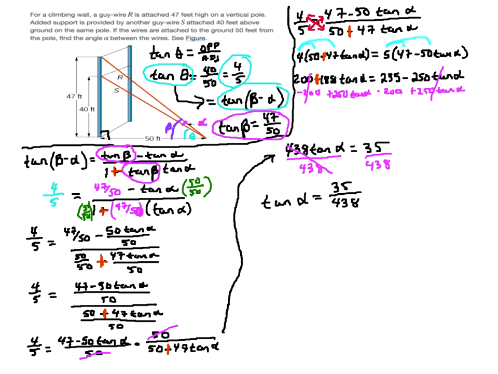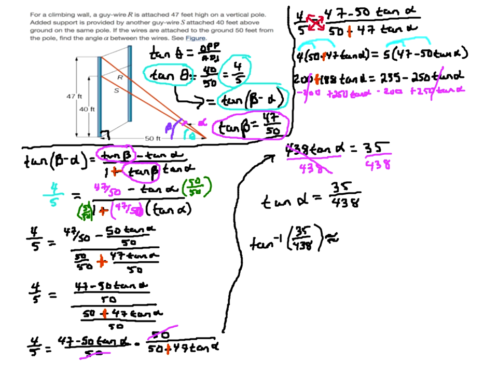Okay, so we have a value for tangent. So the tangent of alpha is equal to 35/438. So what we can do is put the arc tangent of 35 over 438 into our calculator, and that's going to give us alpha.